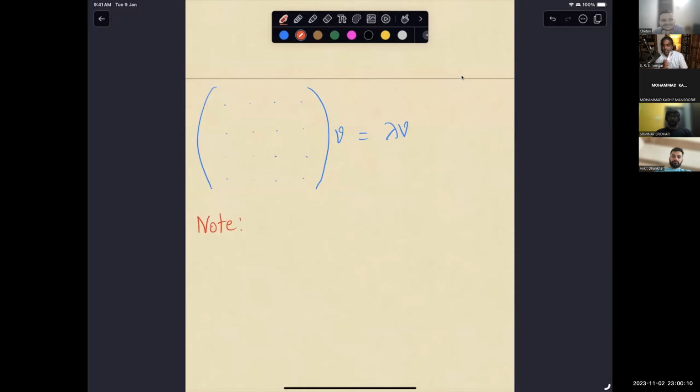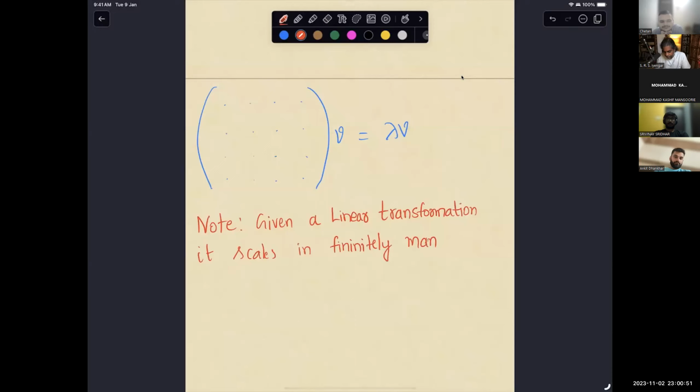Given a linear transformation, it scales in finitely many directions.